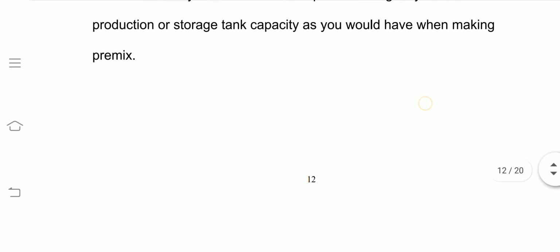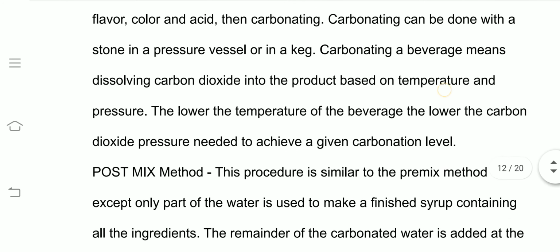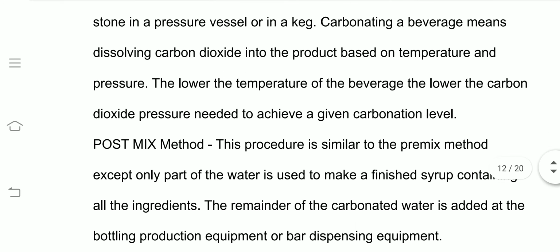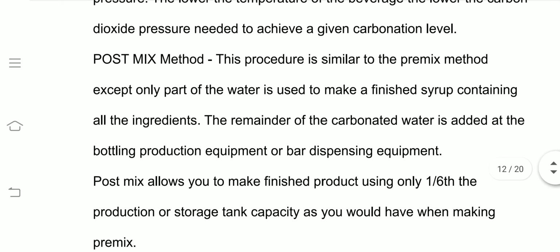Why is there a difference? Because in the premix method the whole water is mixed in a vessel with all the ingredients. Only carbonating is done in a different vessel. But in the post-mix method, the base raw ingredient, water, is divided into two parts.